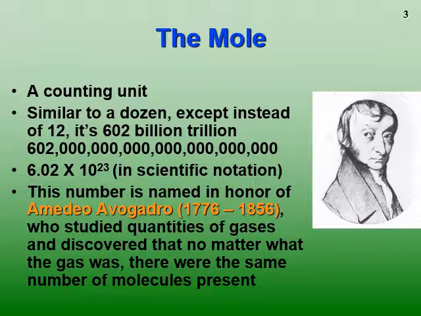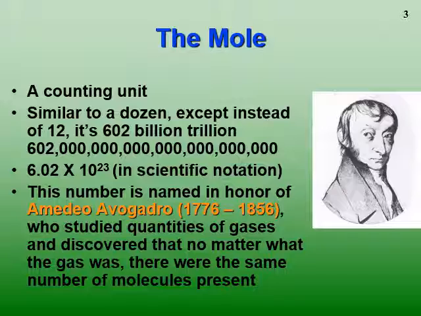So the mole is a measure, a unit of counting. Okay, it's similar to, say, a dozen eggs, except instead of a dozen being 12, a mole is 602 billion trillion, or 602,000,000,000,000,000,000,000.